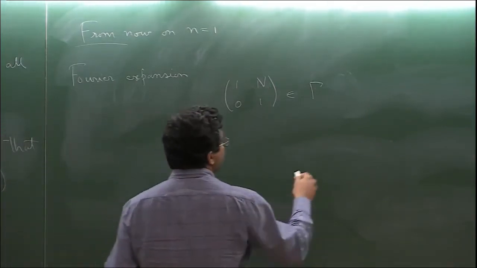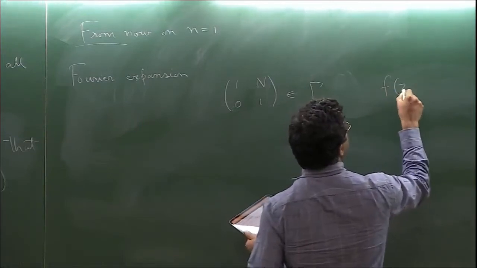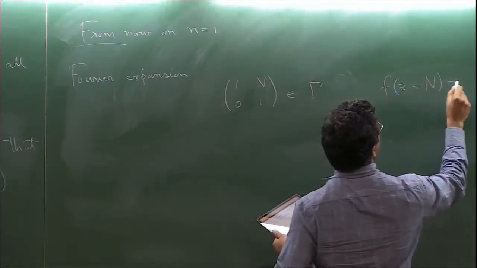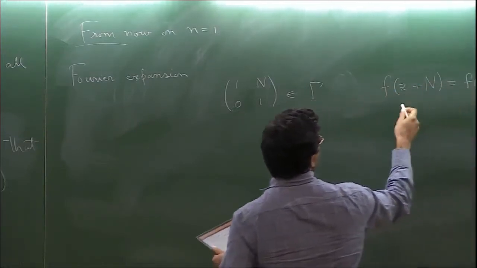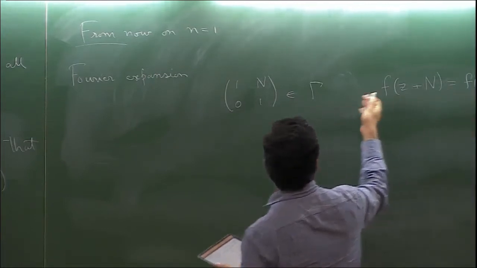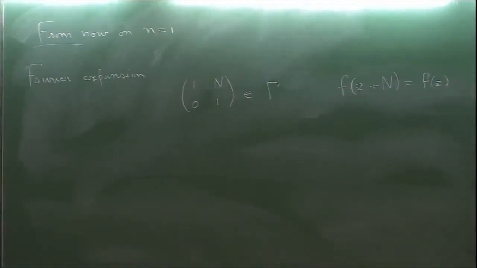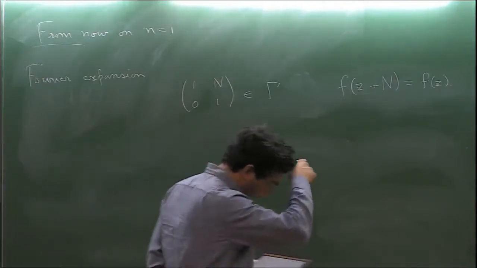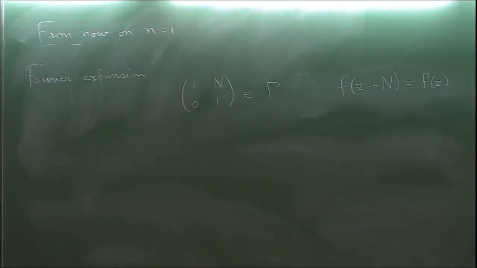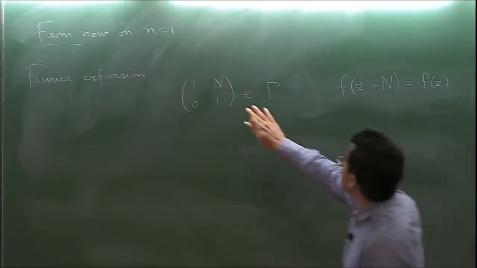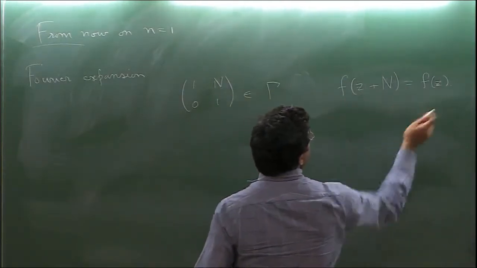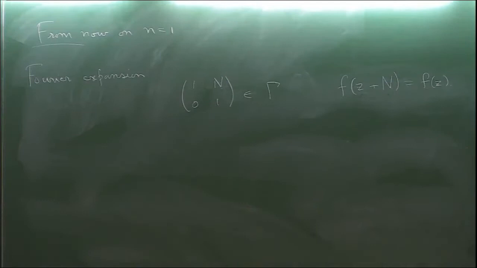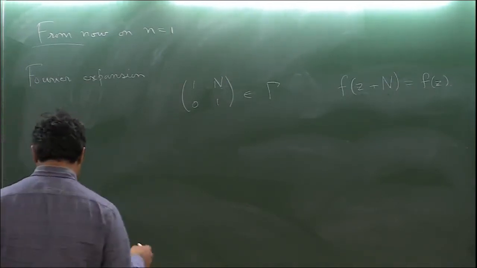And so this means that f of z plus n is f of z by the slashing. So f is a modular form, and it doesn't matter what the weight is, this always works. So in particular, when capital N is 1, you have f of z plus 1 is f of z, which is the thing that was used for phi 0 in the previous talk.